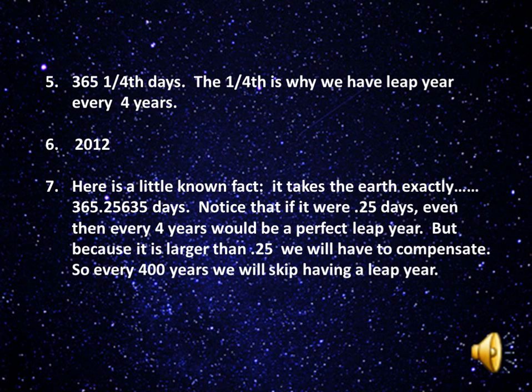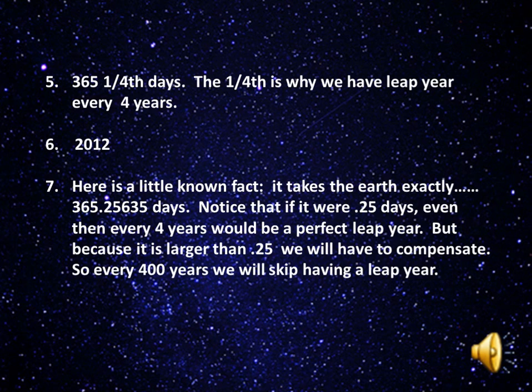Most everyone knows that it takes 365 1/4 days for the Earth to orbit the Sun, which makes us have a leap year every 4 years. The last leap year was in 2012. And here's a fact that few people know, so keep this a secret from everyone.